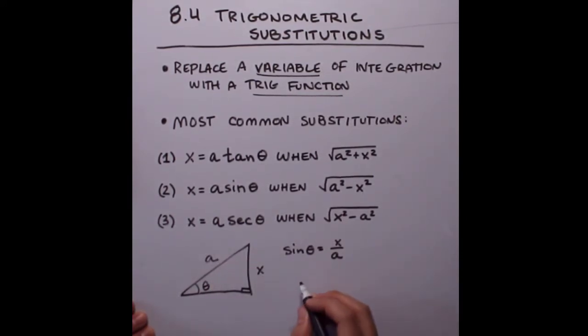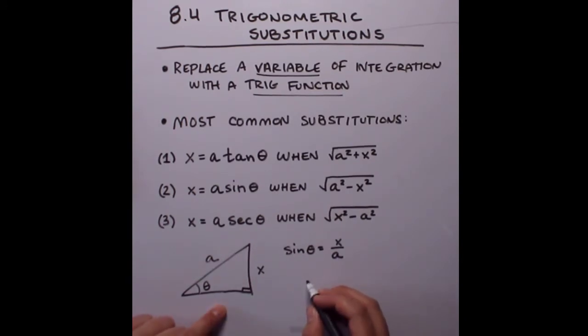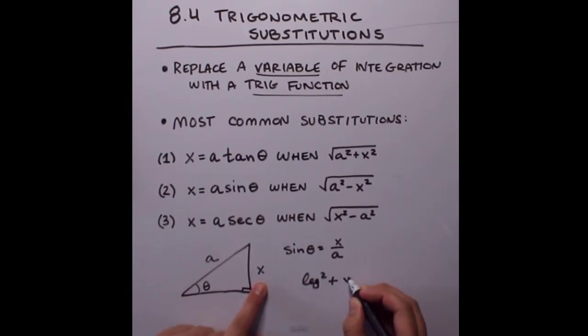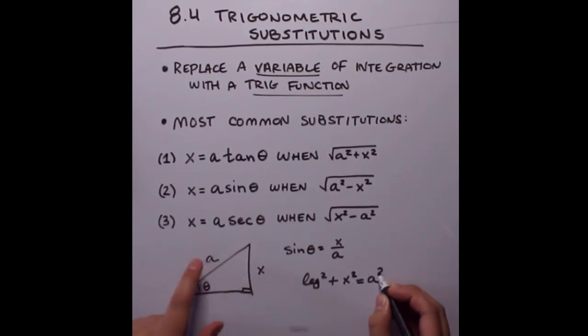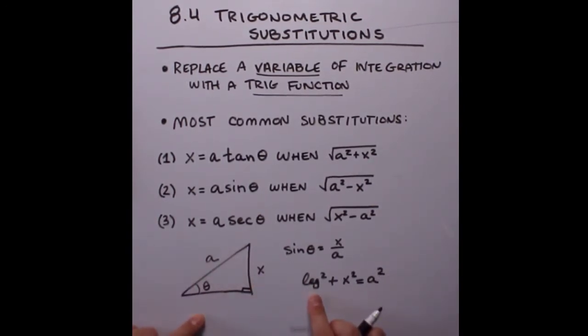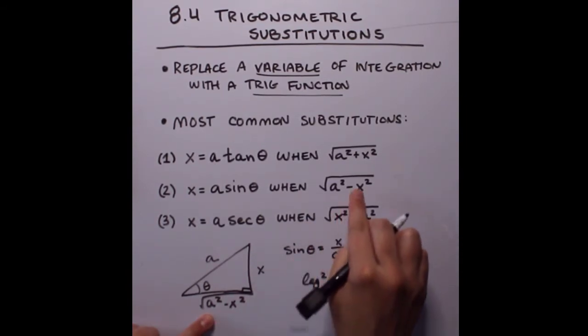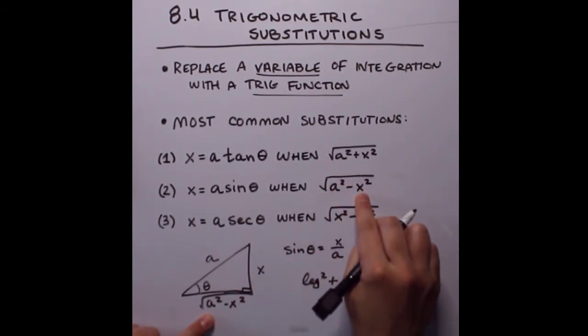So if you use your Pythagorean theorem, we know that this leg squared plus this leg squared is the hypotenuse squared. And so if you solve for this missing leg, you would subtract x squared and square root it. So you'd have a squared minus x squared and then square root that. And so that's why this is going to be useful when we have that type of setup in our integrand.